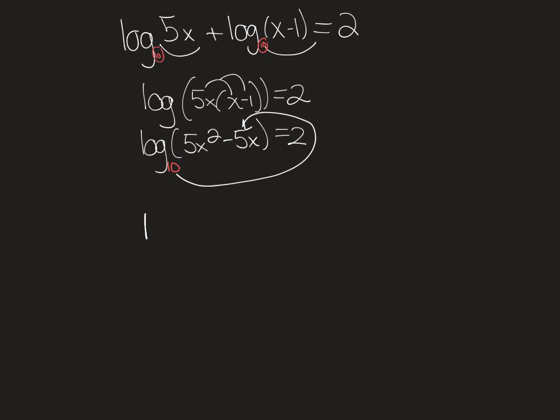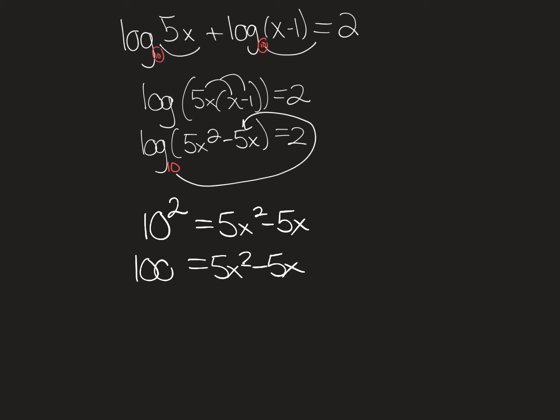And when I do that, I get 10 to the 2nd power equals 5x squared minus 5x. 10 to the 2nd is 100 equals 5x squared minus 5x. I'm now trying to solve a quadratic, and to solve quadratics, we need them to equal 0. So 0 equals 5x squared minus 5x minus 100.